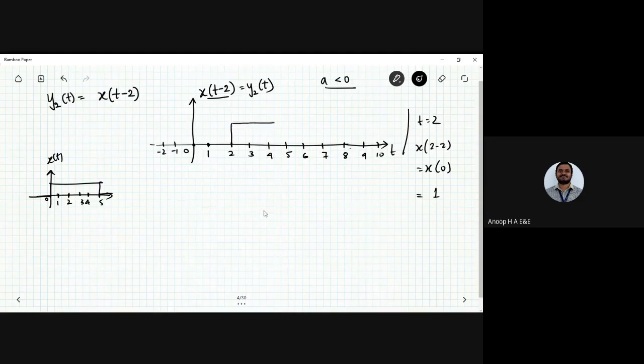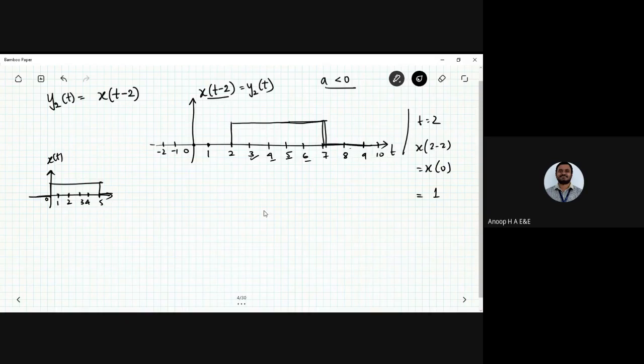If you see, there is a movement of the time: from 3, 4, 5, 6, if you give the values like that, it is shifted towards the right by 2 units, from 2, 3, 4, 5, 6 up to 7, and the magnitude is 1 there.